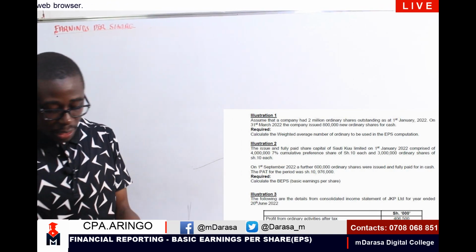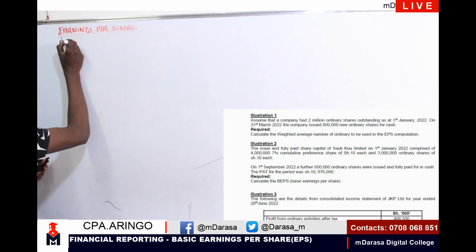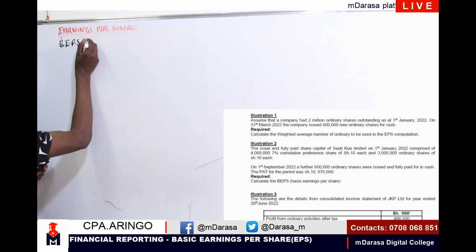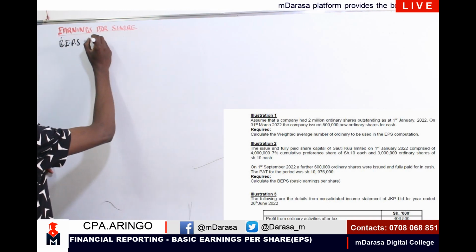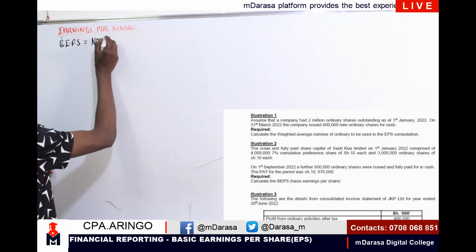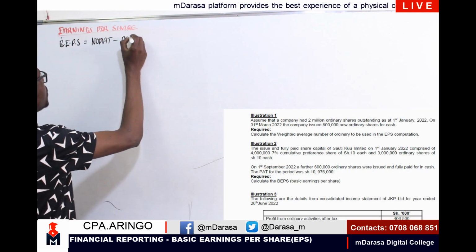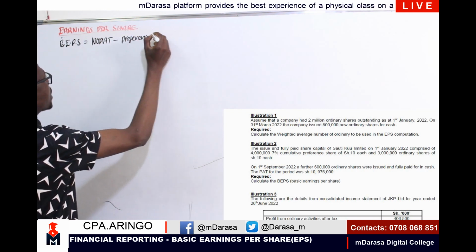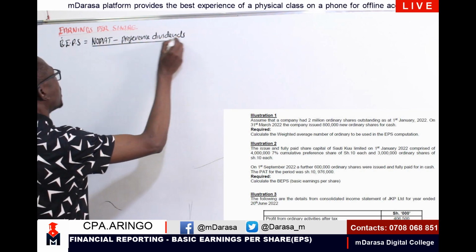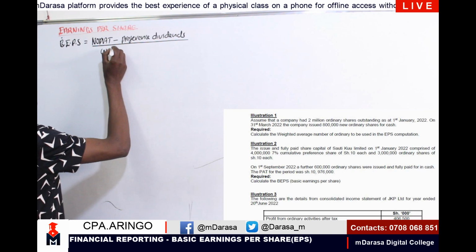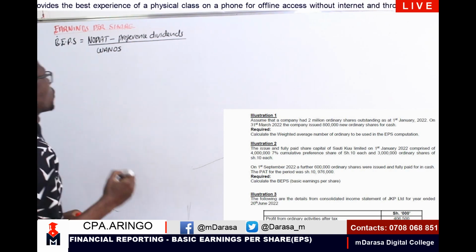I know very well that to determine my basic EPS, I need to take our profit attributable to ordinary shareholders, or rather NOPAT, minus the preference dividends. We divide this by the weighted average number of ordinary shares outstanding, WANOS.